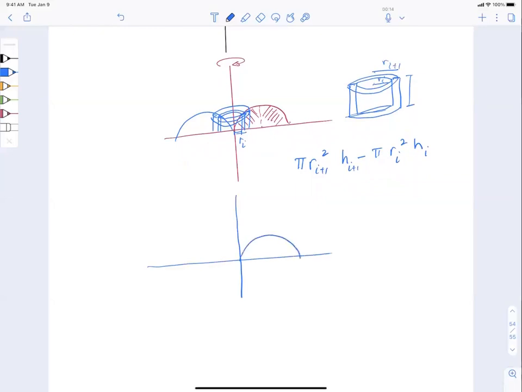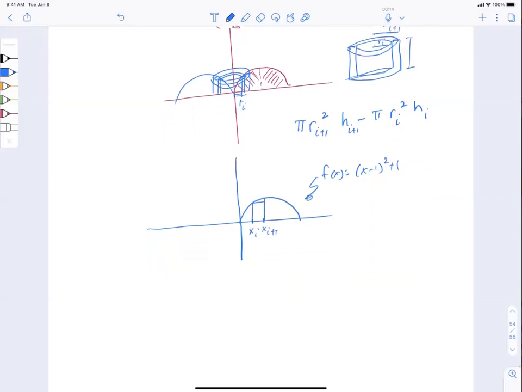If this is the same function, say for my example, f of x equals negative (x minus 1) squared plus 1, then the role of the radii is played by xi and xi plus 1, because those are the partitions. The role of the height is f of xi and f of xi plus 1, but since I'm flattening it, I could just use f of xi.